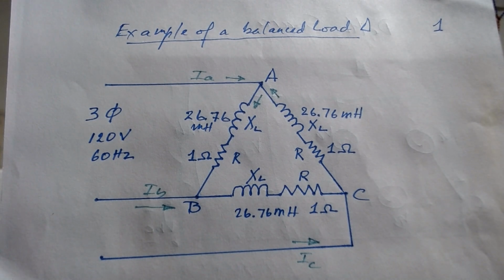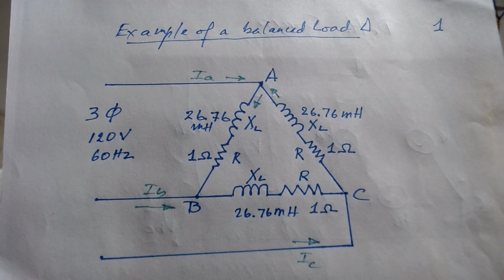You can see that the line current IA from the source is equal to the phase current IAB minus ICA.